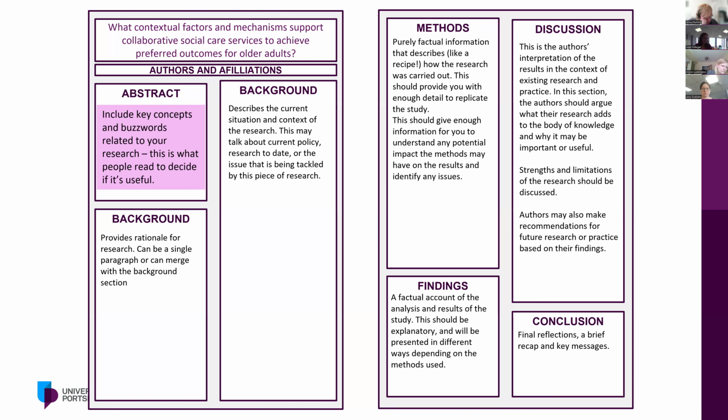So for our research question that's listed at the top there, we need to make sure that we're including collaborative social care services in our abstract, as that's one of the key phrases and key terms in our research question. We need to make sure that older adults is in there and what the intention of the research is. The abstract should tell people what they will gain from reading this research. I would normally suggest writing this last, but that's just my personal preference.